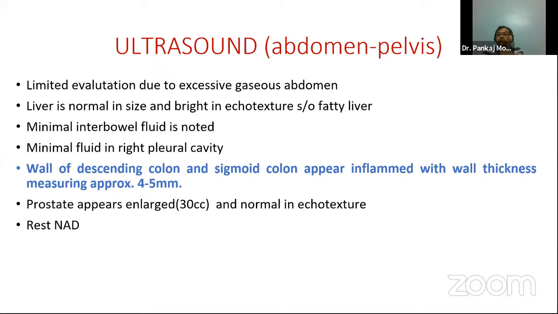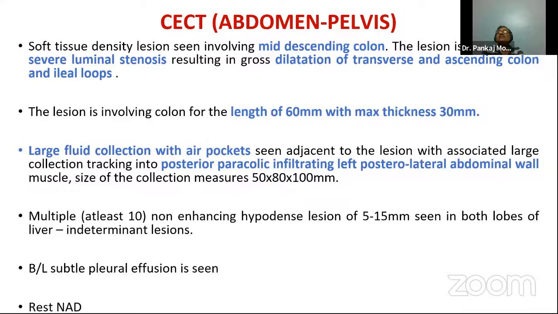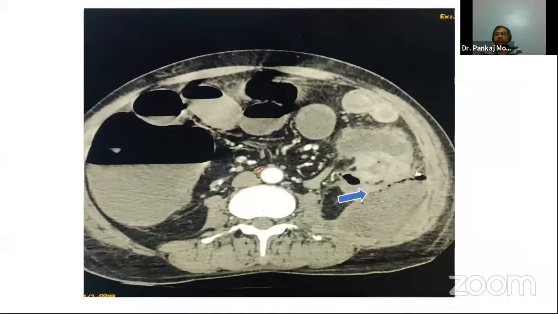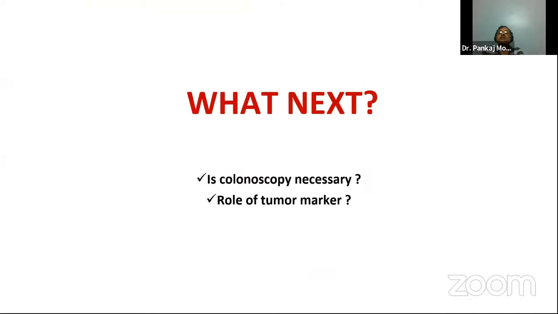You can see the difference between a USG referred by a surgeon and one referred by a physician, and the importance of CT. So ultrasonography looks very, it can be colitis, it can be this. There was no evidence of a definite mass seen. So understand, the clinical evidence is more important than USG as far as we are concerned.